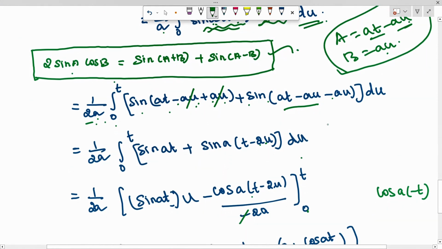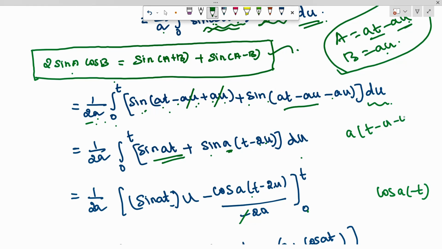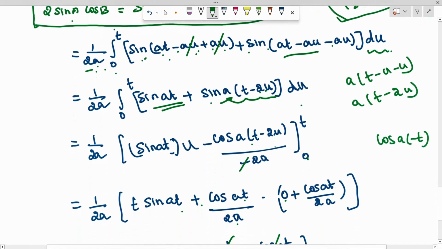Now before we integrate with respect to u, simplify this one. 1 by 2a integral 0 to t sin of at written here, sin of from these three terms taking a outside common, we will get a into t minus 2u, right, here a into t minus u, into du.